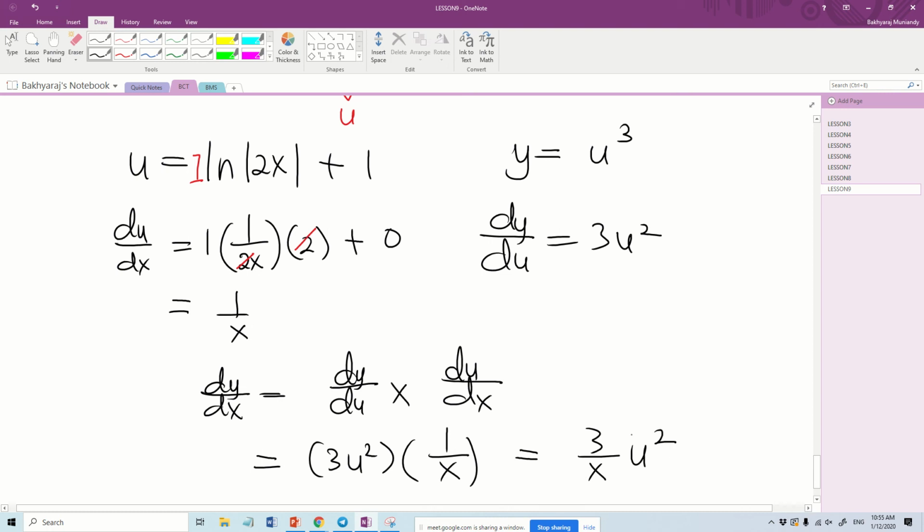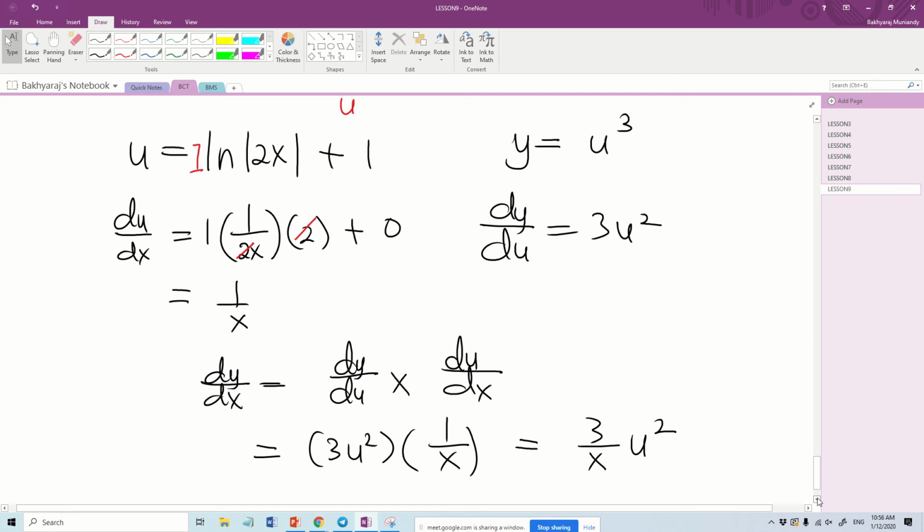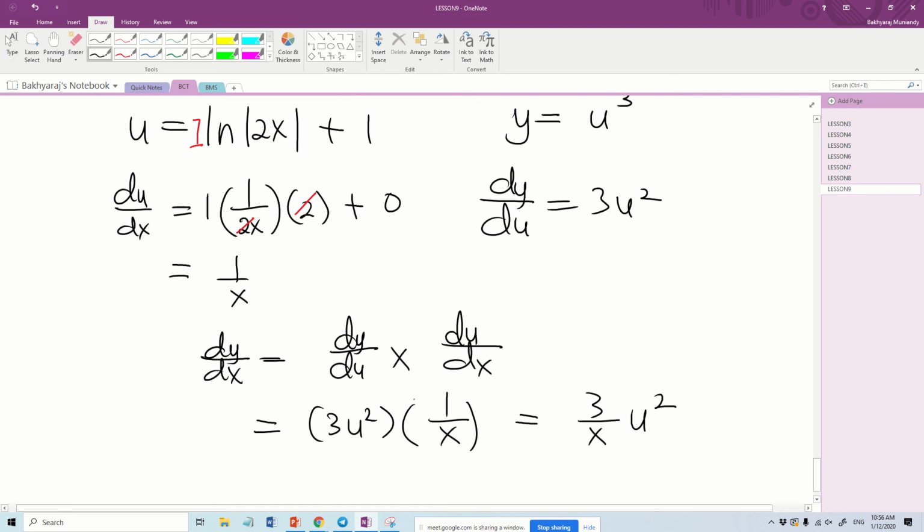So the u, you can substitute the function. Okay, so finally I get equal 3 over x times (log 2x plus 1) square.